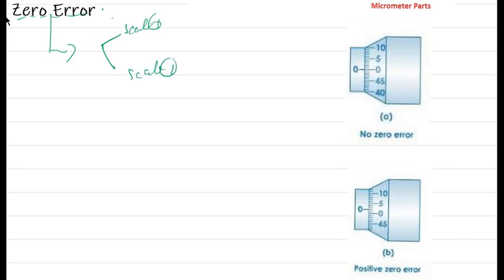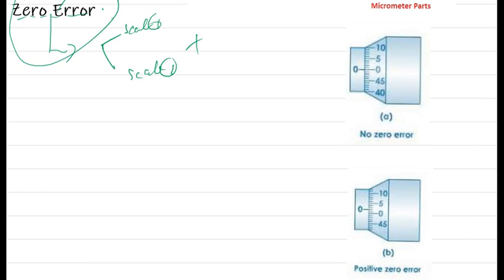Like we discussed before, in this micrometer there are two scales, one main scale and one circular scale. So because of the combination of the two scales, zero error can exist.